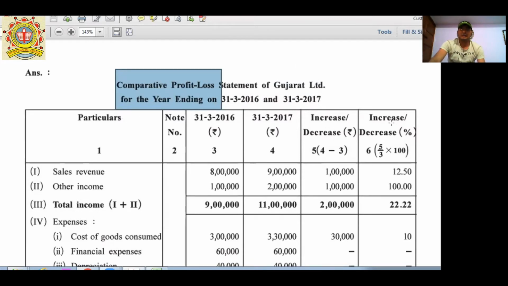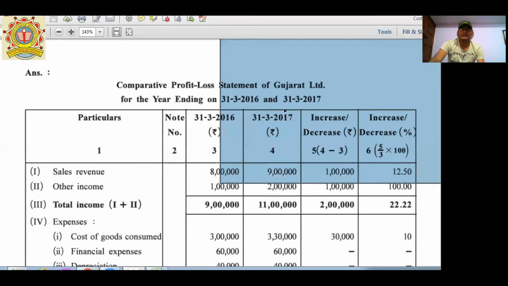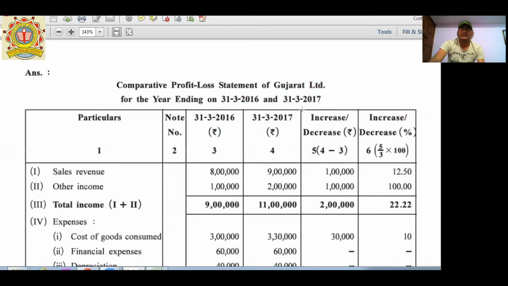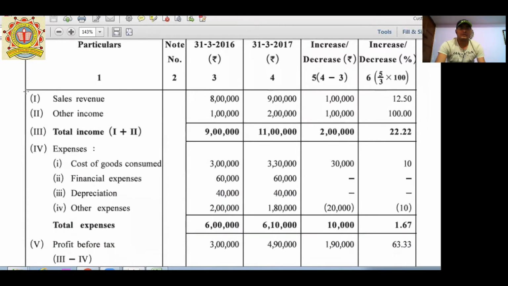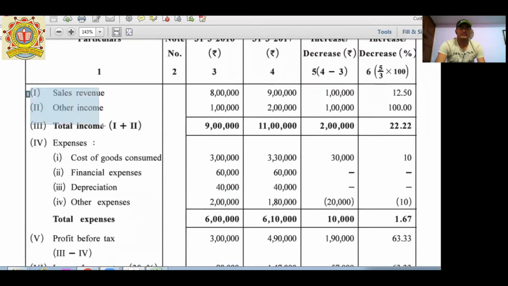In total there are 6 columns: particulars, note number, previous year, current year, increase or decrease in amount, and increase or decrease in percentage. This is the fixed format for the P&L account: all the incomes, revenue from operations, other incomes, the list of expenses, total expense and profit before tax.